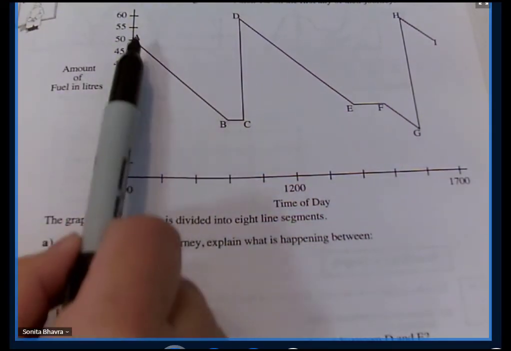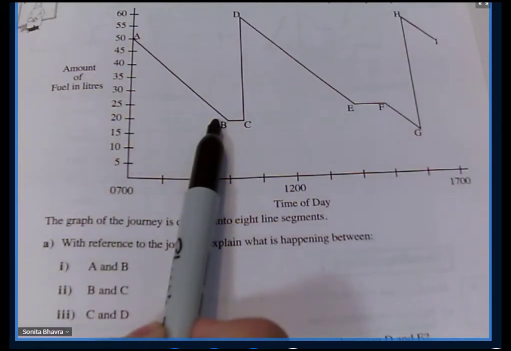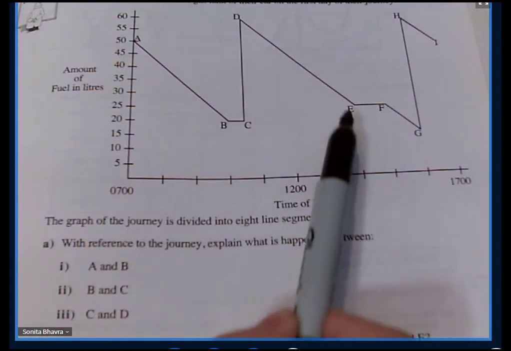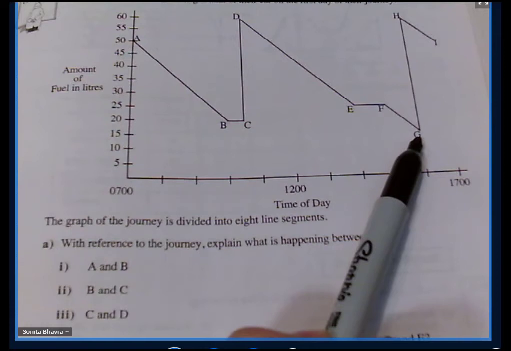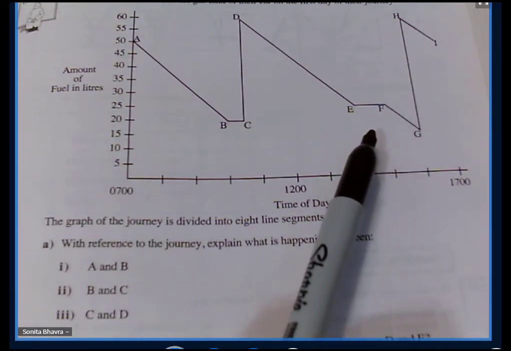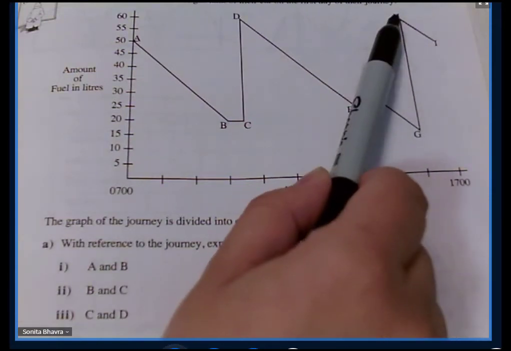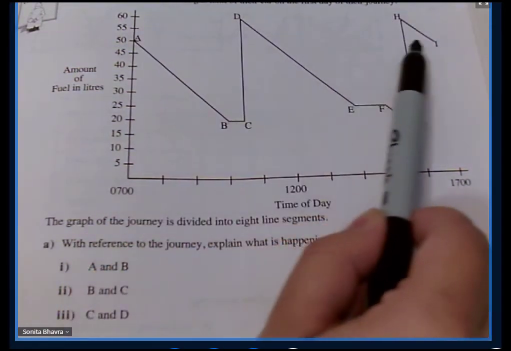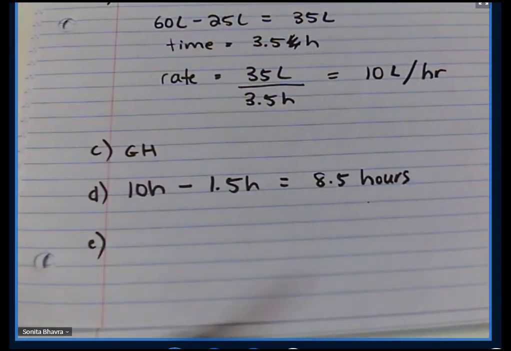So from A to B, it's going to be 50 minus 20, which is 30. From D to E, it is 60 minus 25. From F to G, we are 25 minus 15. And then H to I, it is 60 minus 50. So I'll just write that out and we'll calculate fuel used.